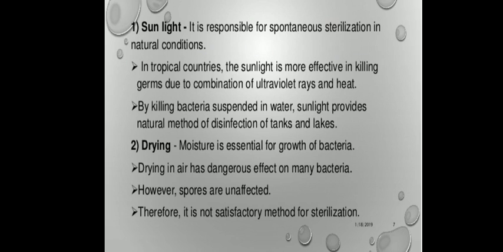For example, there are different types of tanks or lakes in open areas. Due to the sunlight, ultraviolet rays released from the sun and heat generated from the sun, the microorganisms present in these open lakes can get killed and water quality can be improved.